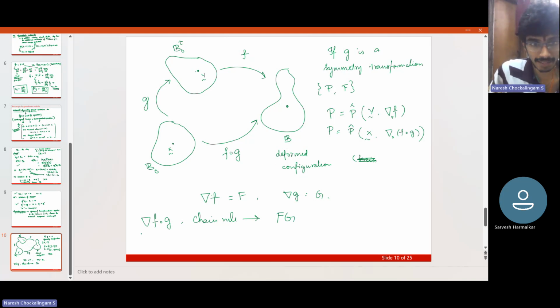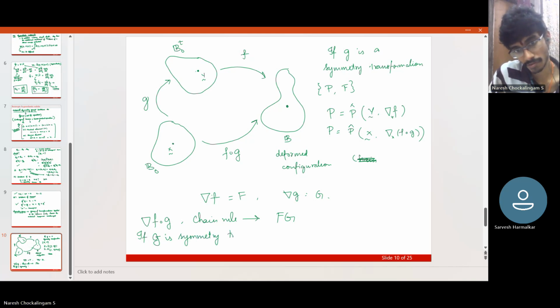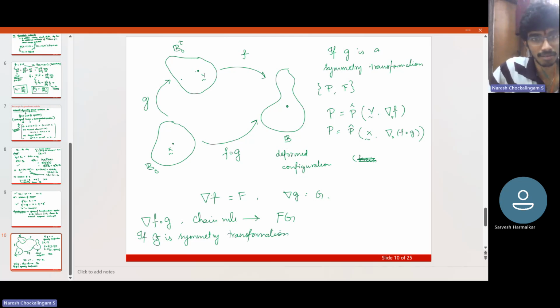So if G is a symmetry transformation, that means you apply it onto the material body and the final response will be unchanged. It's like we take a square and rotate it by 90 degrees. So the appearance is unchanged.